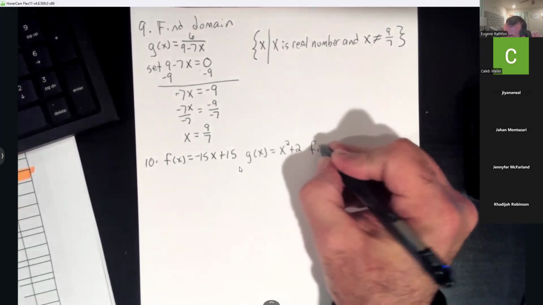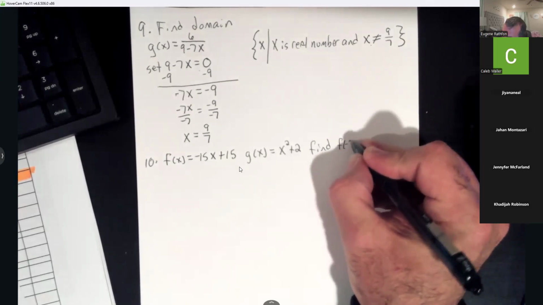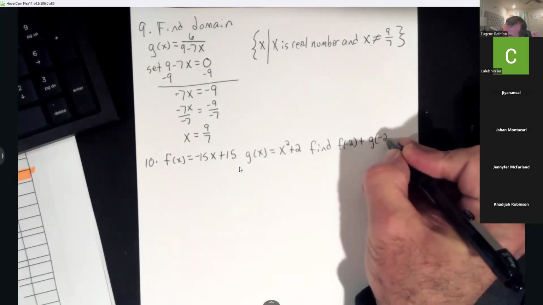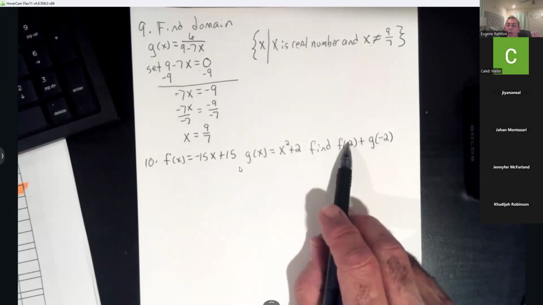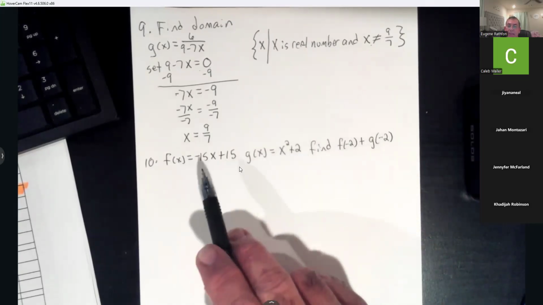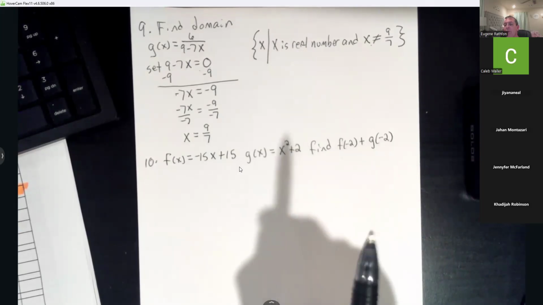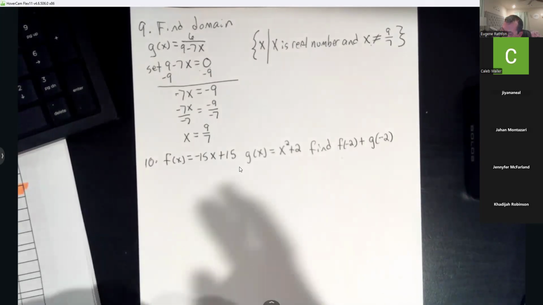They want me to find f of negative 2 plus g of negative 2. So they want me to add two functions and put a number in for these x's. If they give you a number here, you got to come up with a single number for your answer, okay?